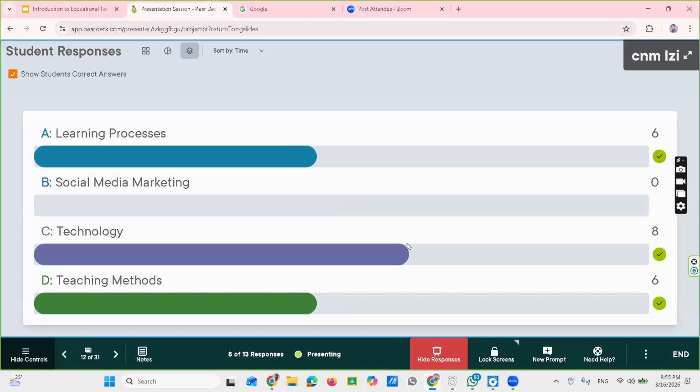There are 3 possible answers: A, C, and D. Learning process, 6 of your answers, 6 for A. Then 8 of you chose C. Then another 6 is teaching methods. In this question, there are 3 answer options: A, C, and D. Social media marketing is not what we are focusing on in educational technology.